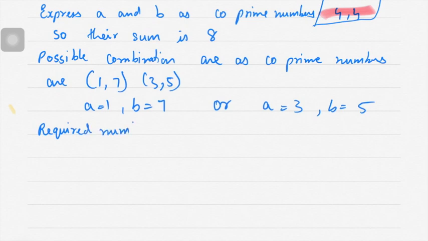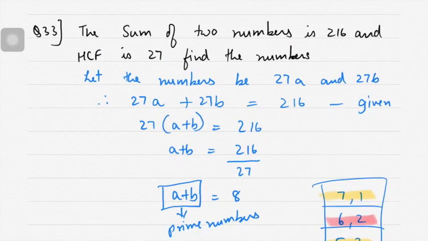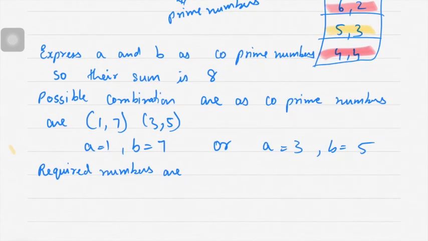Required numbers are, the numbers are not 1 and 7. The numbers are 27A and 27B. So therefore the required numbers are 27A, which means 27 into 1, which is 27, or 27B, which is 27 into 7.